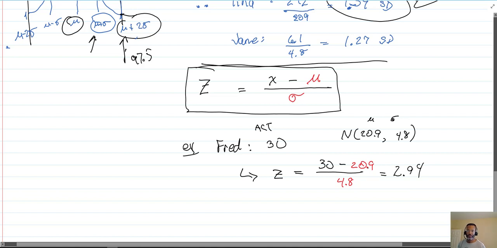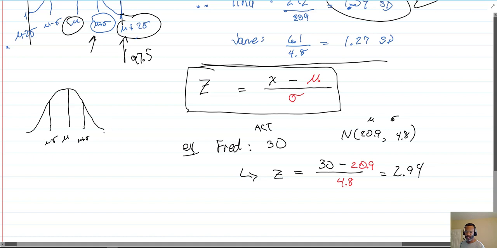Now, is that a good score? Well, intuitively, hopefully if we understand the empirical rule, the empirical rule said if you're 1 standard deviation above or below the mean, that captured 68%.